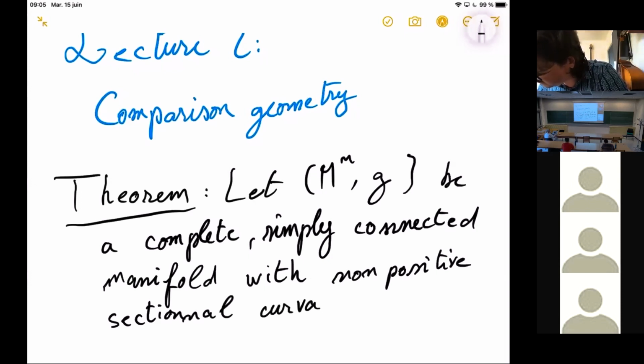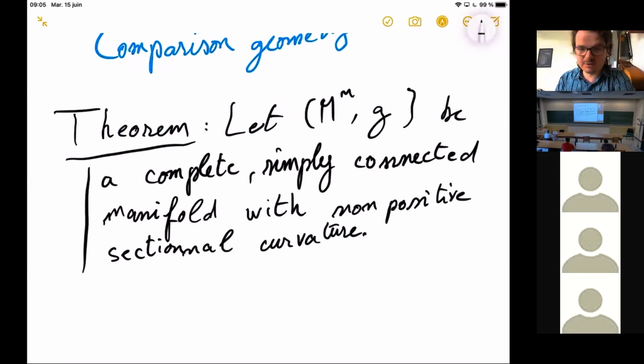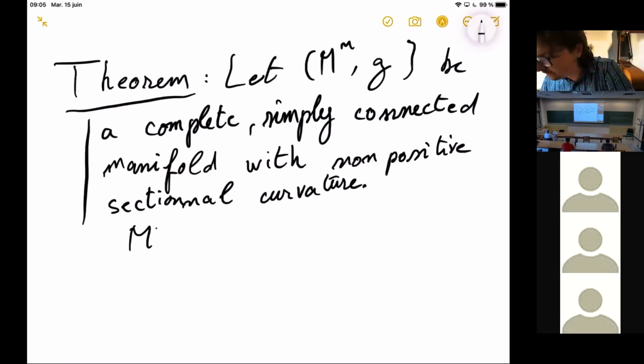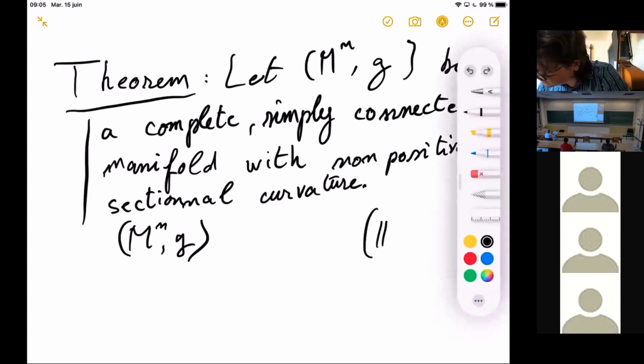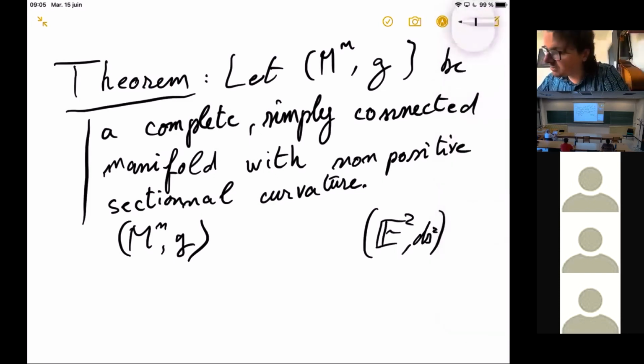So this is the setting. And maybe I will draw a picture, I guess, with Gerard's lecture from yesterday. Maybe I should stick to the notation from yesterday. So E2 is the Euclidean space, so I write ds² for the usual flat metric.